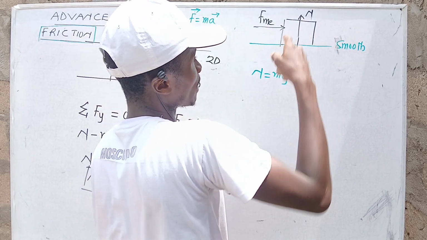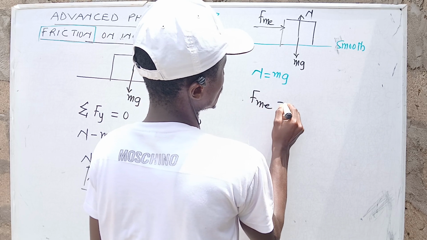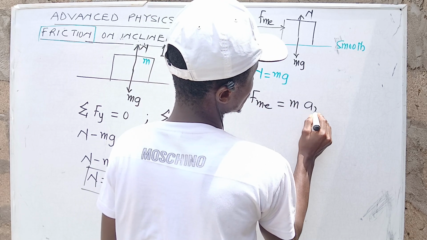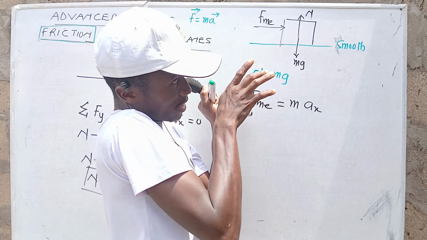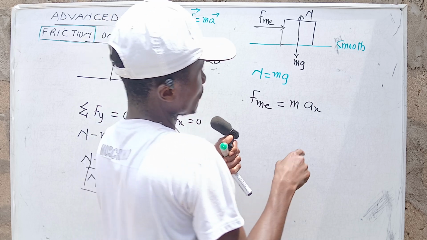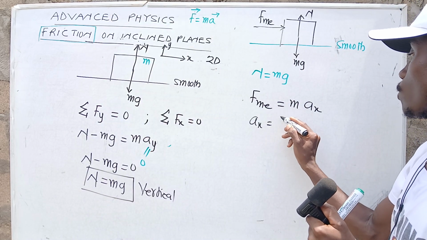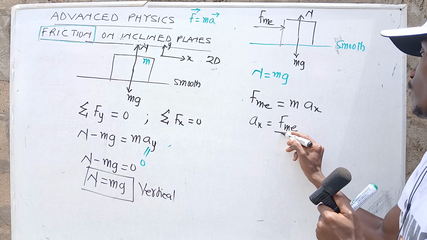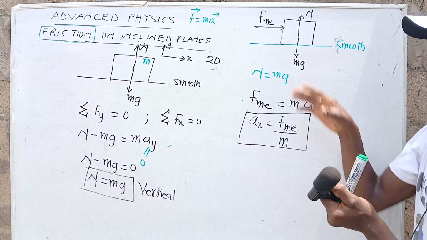But in the horizontal direction, we have F sub me is equal to the mass of the block times the acceleration in the x direction. Because the surface is smooth, so it will accelerate. And given that this ax is a constant, then ax will be equal to the force you exert divided by the mass of the block. That is case 2.